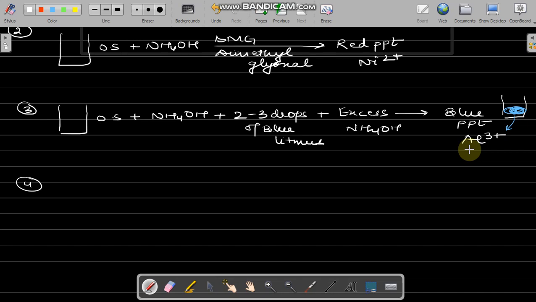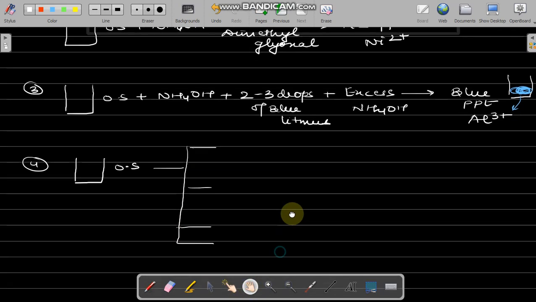So next, where do you come? Fourth step, again taking a test tube, original salt solution. You take original salt solution and divide it into 4 parts.